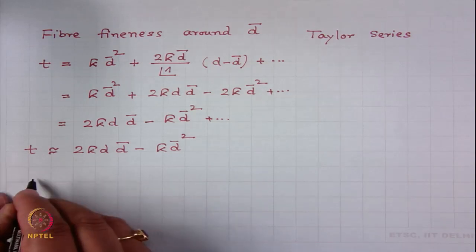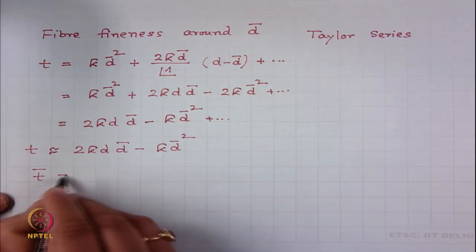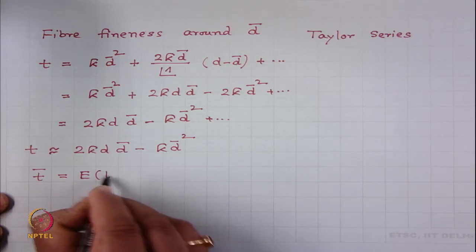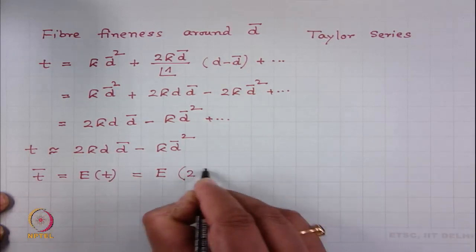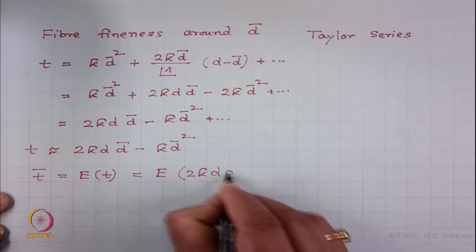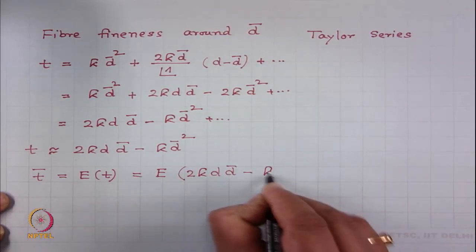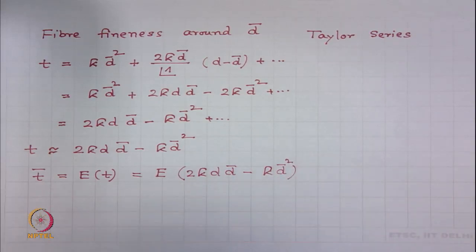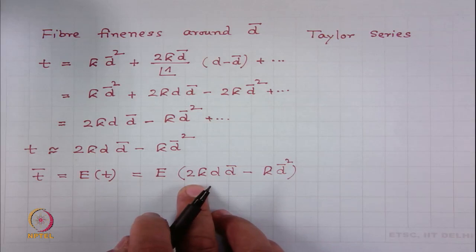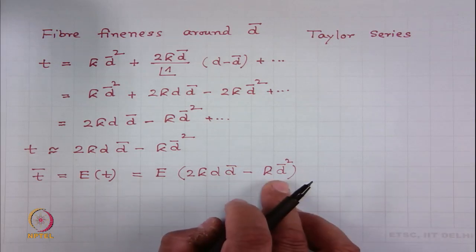Mean of T is equal to expectation of T, that is equal to expectation of 2 k d d bar minus k d bar square. k is a constant and d bar is also constant.